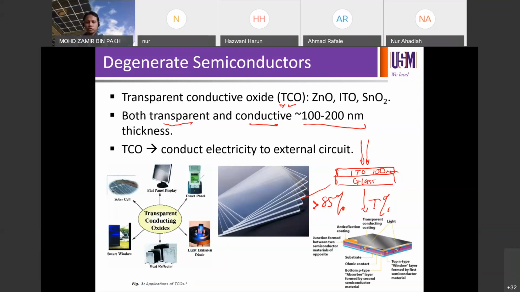That can be done. In fact, now people are trying to come out with solar cars as well. TCO conducts electricity to the external circuit. Applications are solar cells, flat panel displays, touch panels, smart windows, and many more.